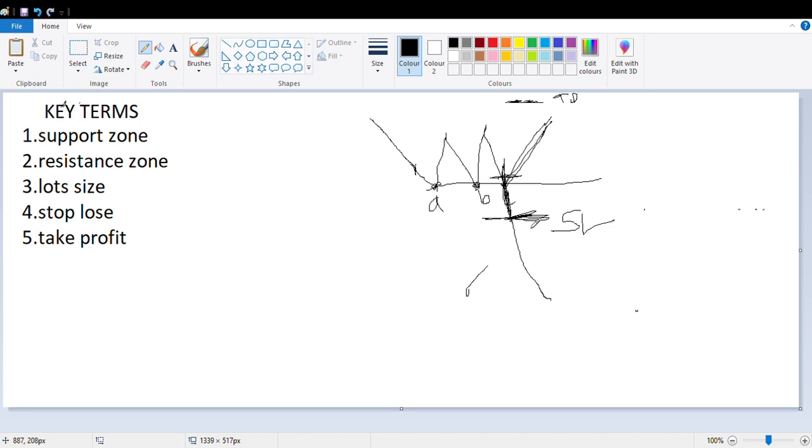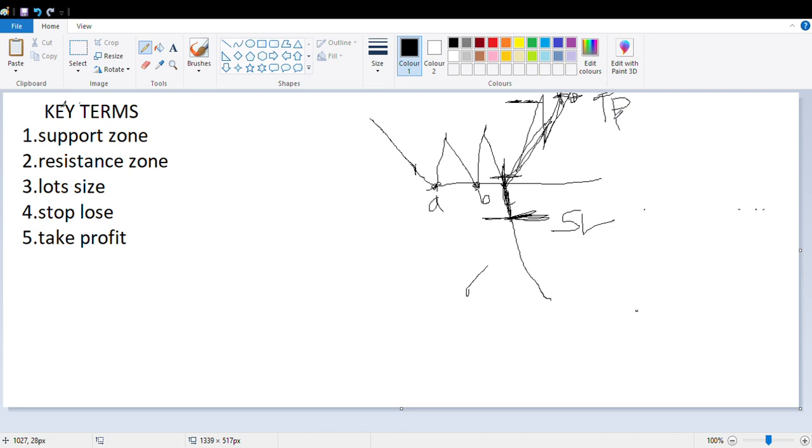And fortunately for you, if it goes up like this, that is where you take your profit, that is take profit. So for the fifth one, that is the meaning of take profit. You saw a confirmation candle, like a dragonfly, a hammer, or a bullish engulfing, and you bought the market.